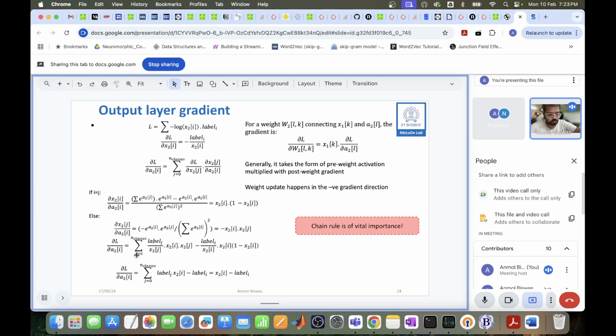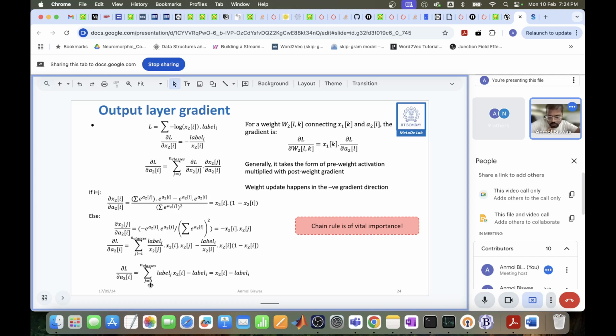This is the case where j and I are not the same, and you get label of j divided by x2 of j multiplied by x2I times x2j. And then separately you have the case where I equals j, which is what we have computed over here. You get label of I divided by x2I multiplied by x2I multiplied by 1 minus x2I, right?